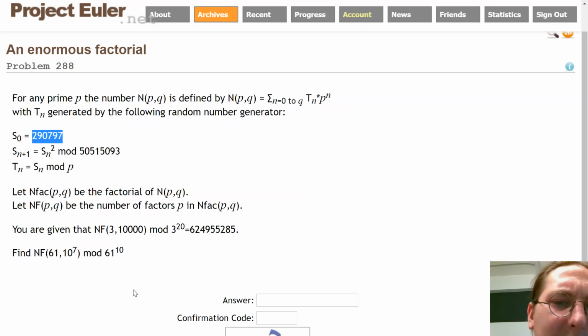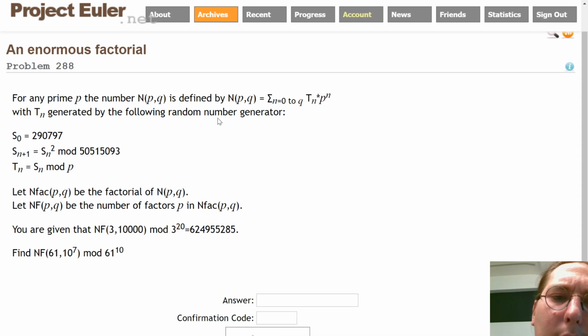Do you need that? Because this is a sum of products, the sum of powers, powers times the t, which is the number between 0 and 61.